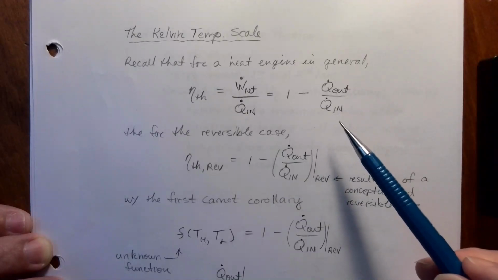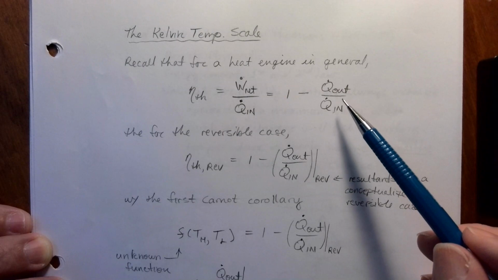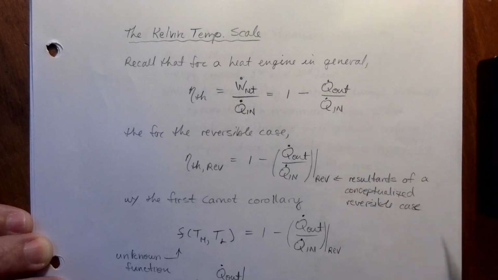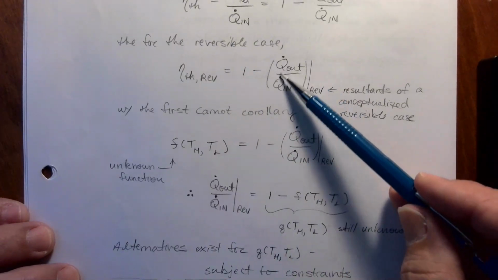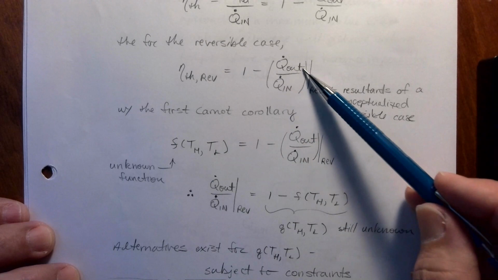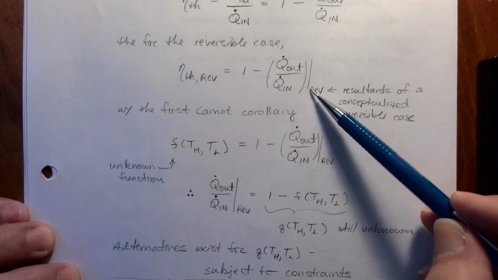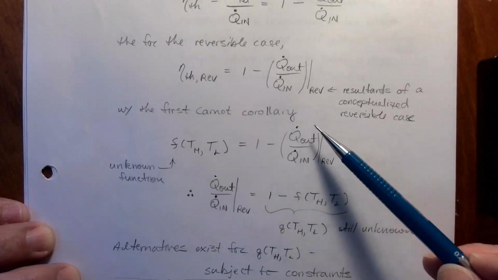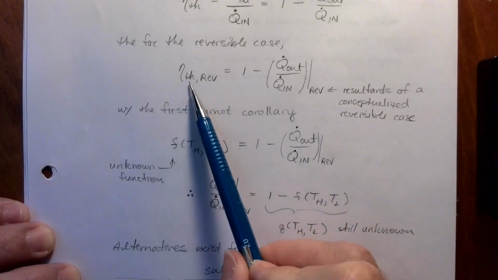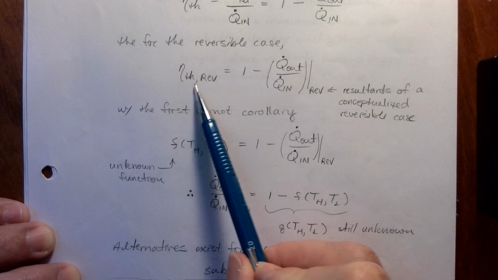For the reversible case then, all we need to do is consider these Q's to be for any conceptualized reversible process, Q out over Qin for a reversible process, any reversible process here. Then everything on the right hand side of the equation is now referencing a reversible situation, so this would be the reversible thermal efficiency.